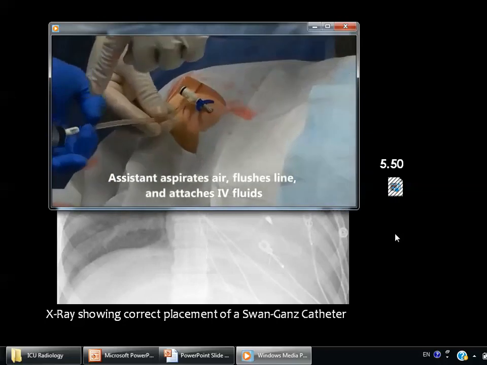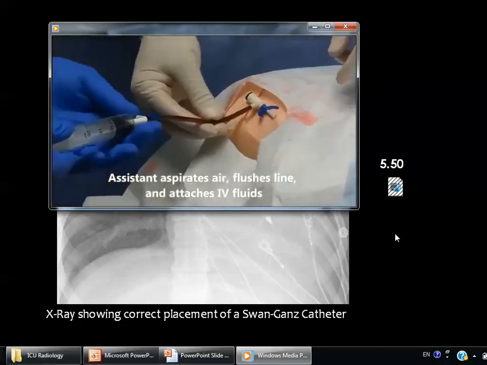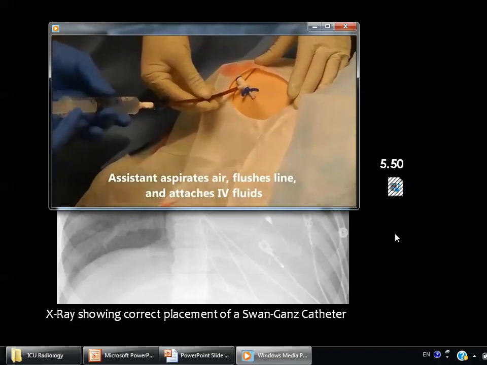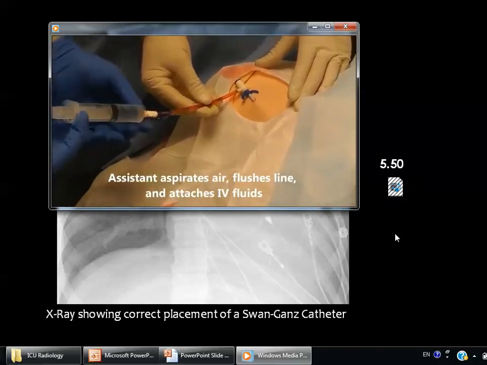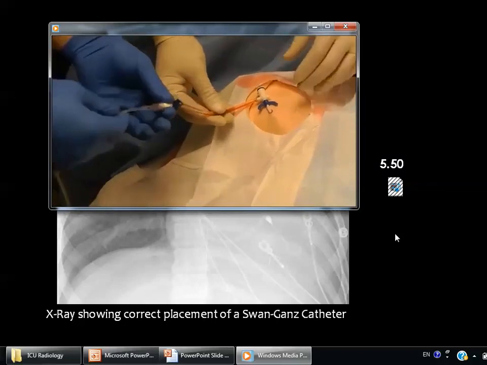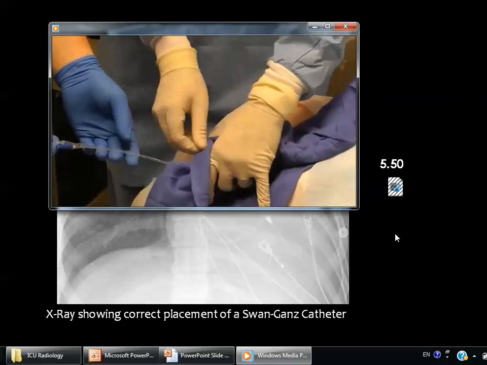So that part's no longer sterile, I can't touch that anymore. Okay, so now that's not sterile anymore, so I'm just going to cover it with this blue drape.